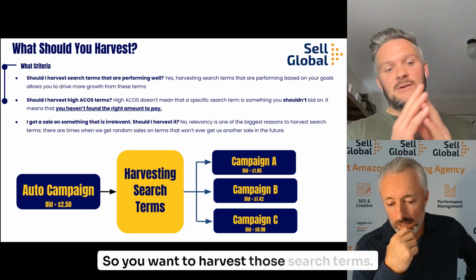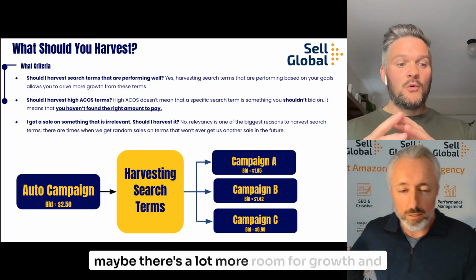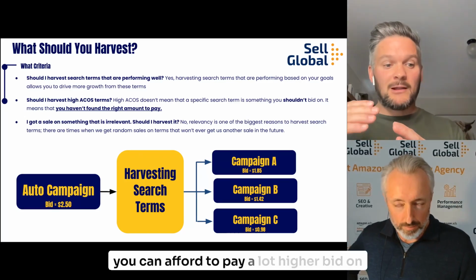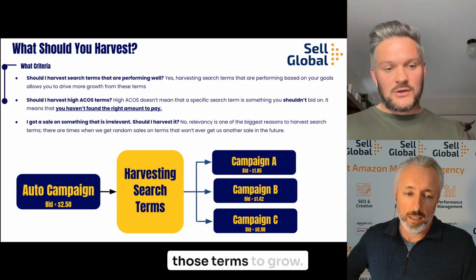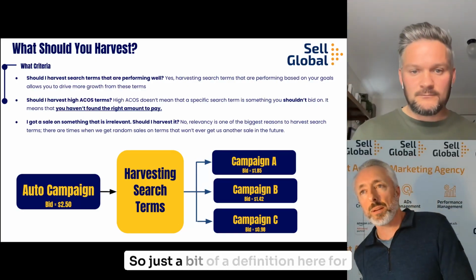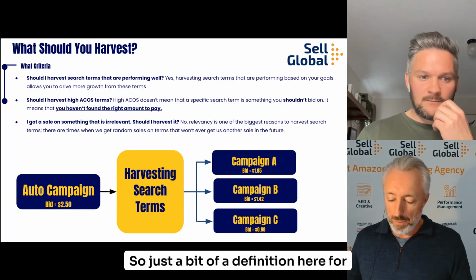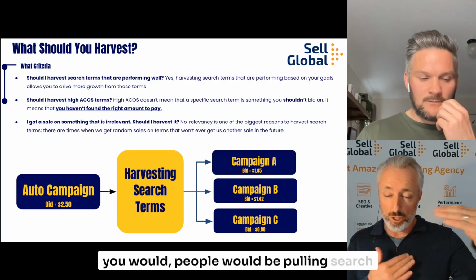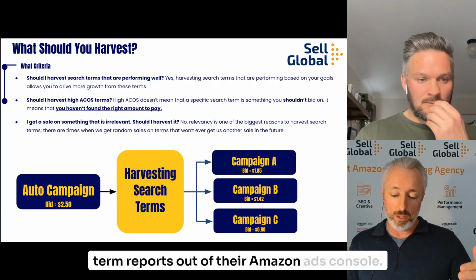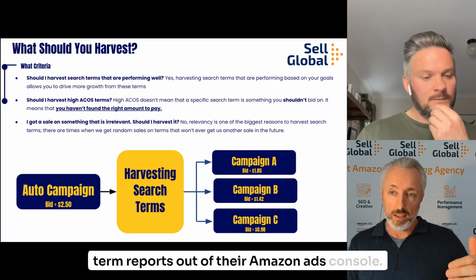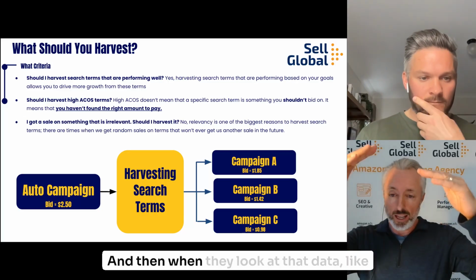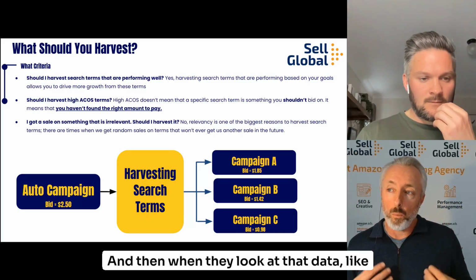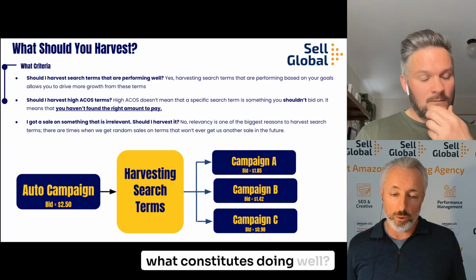So you want to harvest those search terms. Maybe there's a lot more room for growth and you can afford to pay a lot higher bid on those terms to grow. So just a bit of a definition here for people. People would be pulling search term reports out of their Amazon ads console. And then when they look at that data, like what constitutes doing well?